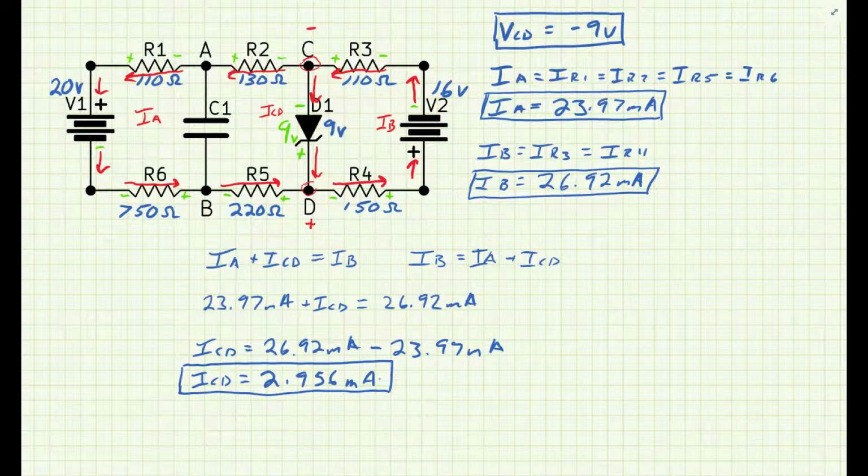Now this number, just absolute value, comes out, and we're going to use the direction of current flow and the voltage present to determine the polarity for our final answer, as if we were to put our meter in there. So red lead on C and black lead right on the anode of that diode, we should see a negative number coming in on our meter.